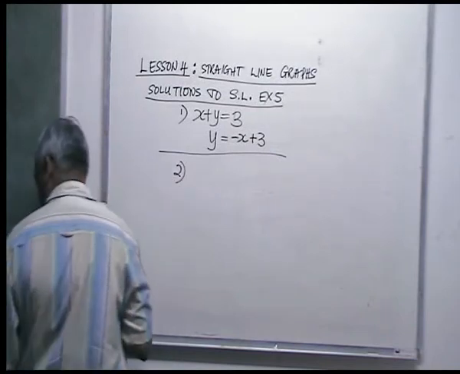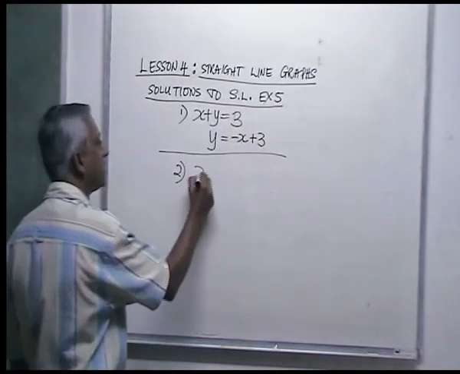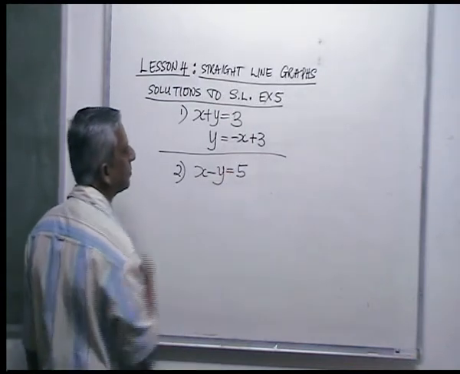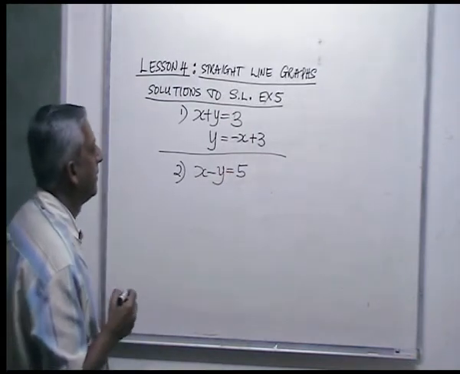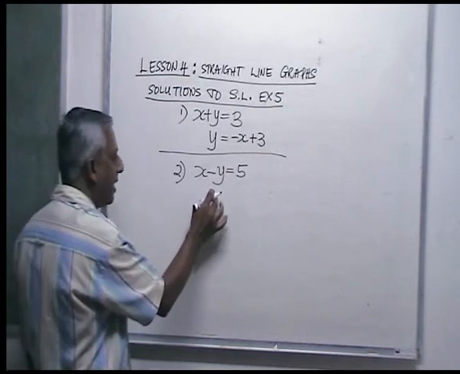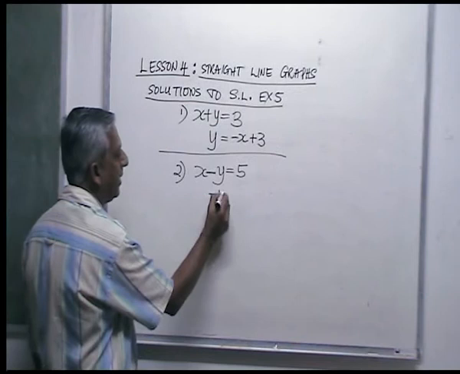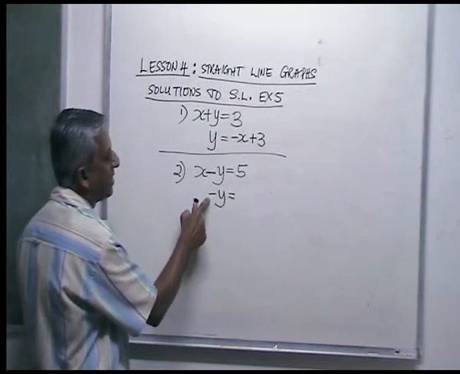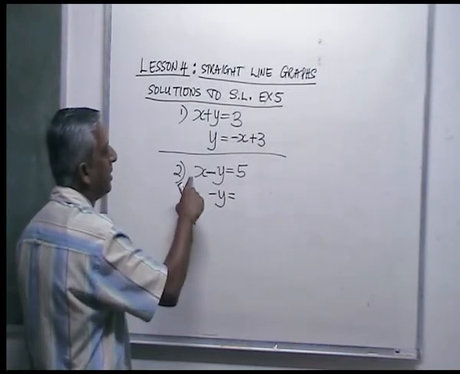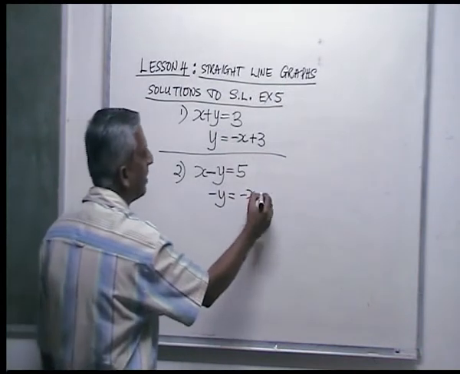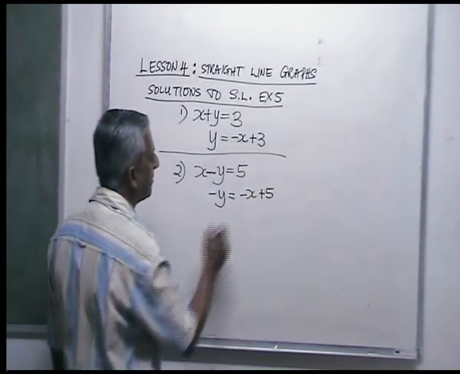Let's try number 2. x minus y is equal to 5. We leave the y here, but remember the y is not just y, it is minus y. So what remains behind is minus y. Take the x across, it becomes minus x, and bring down the 5, it's plus 5.